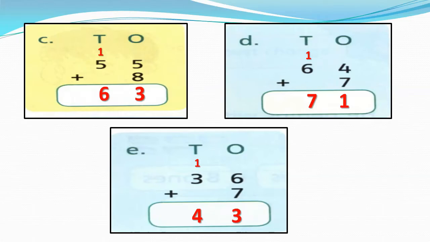Here is question number 7. Add these. The first question has been done for you, in which 16 will be added to 47. 7 plus 6 equals 13. So 3 will be written in ones and 1 ten will convert into tens.